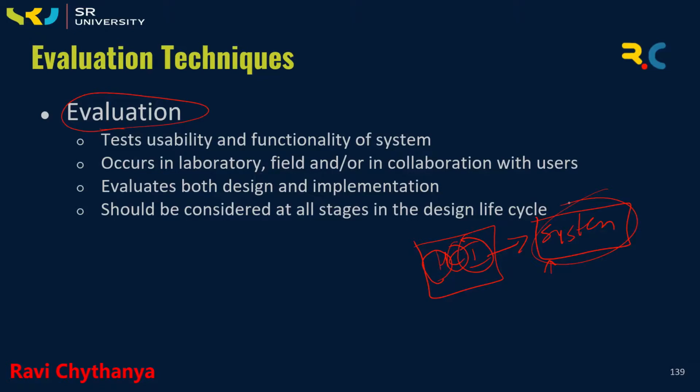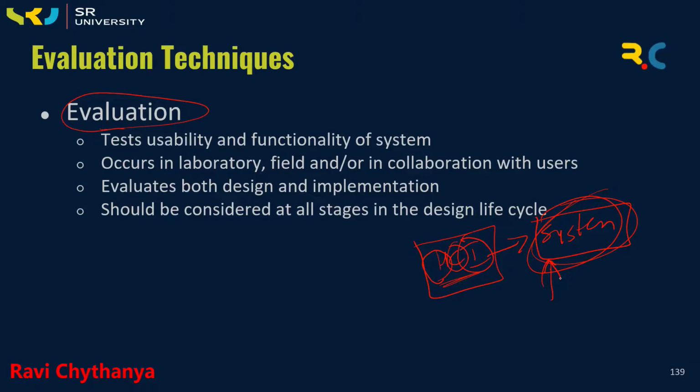The evaluation evaluates both the design as well as the implementation of the design, and it should be considered at all stages in the design life cycle. The system you have developed is going to have a life cycle for the design. In every stage we are going to evaluate the functionality of the system, whether it meets the functionality or not.